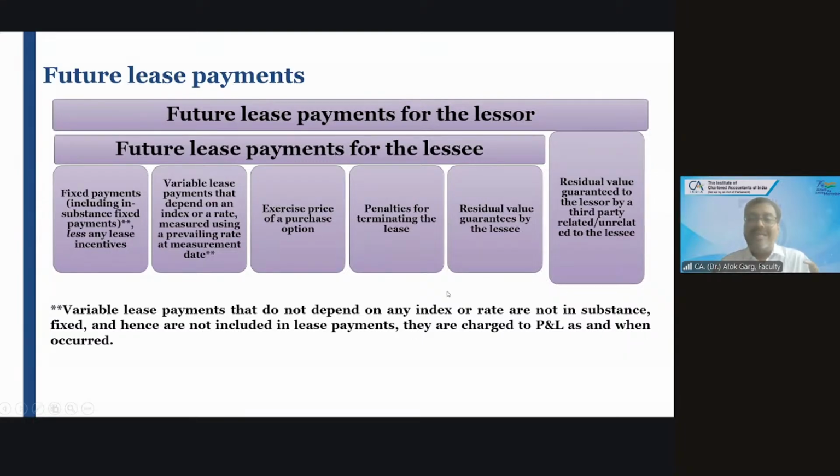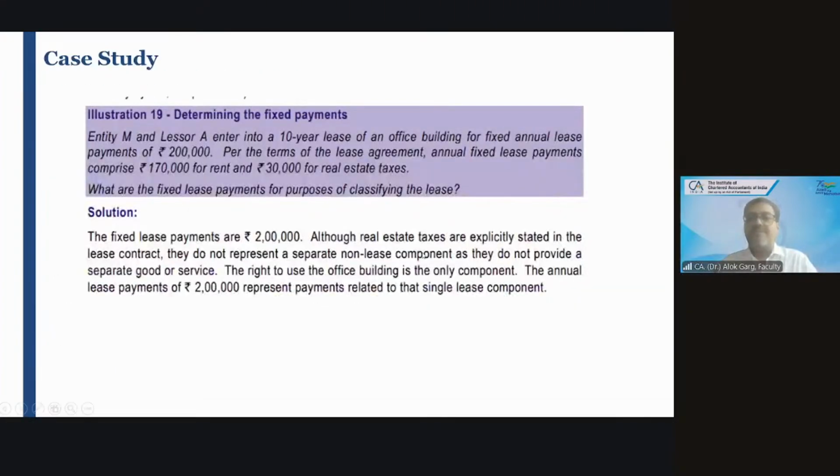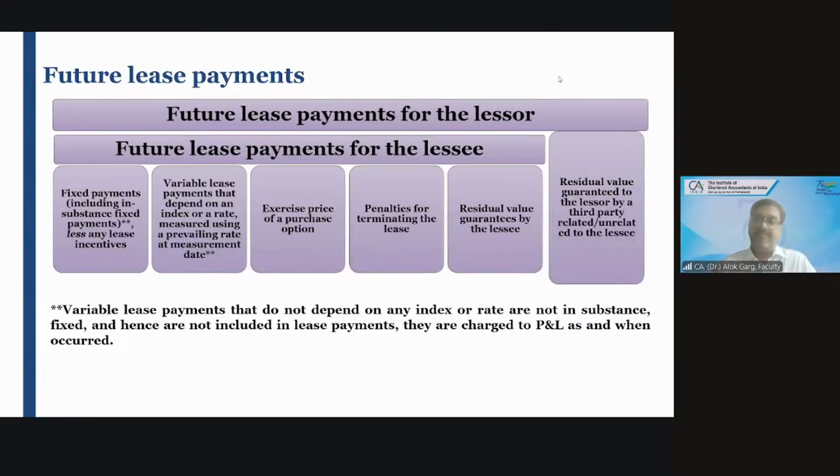That lease incentive has to be deducted from the lease payments. So fixed payment, in substance fixed payment, minus lease incentive.